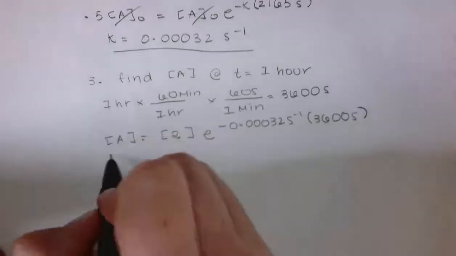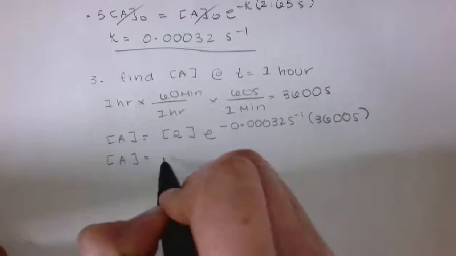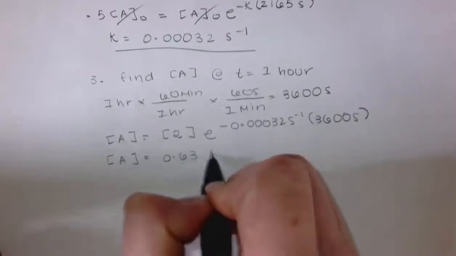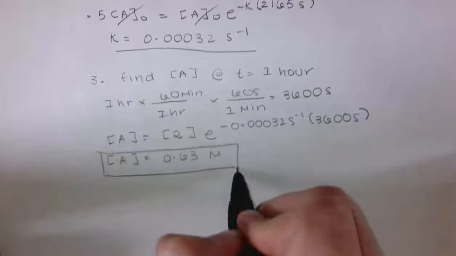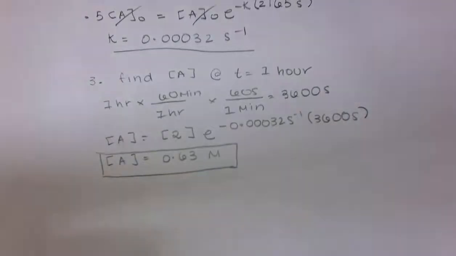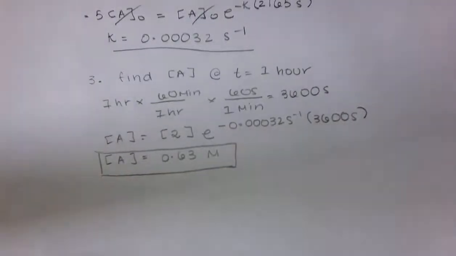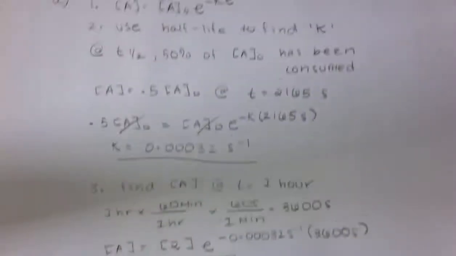So I get that A equals 0.63 molar. And that is the concentration of dimethyl ether after 1 hour. So now we can move on to part B.